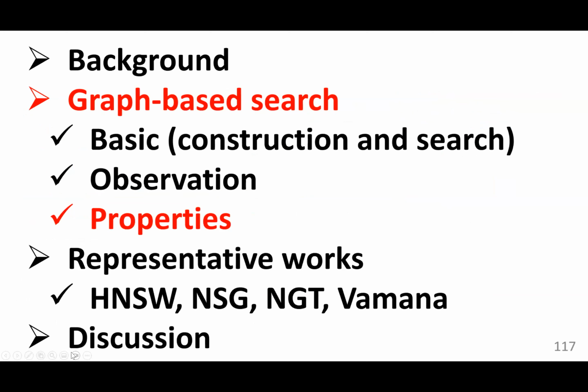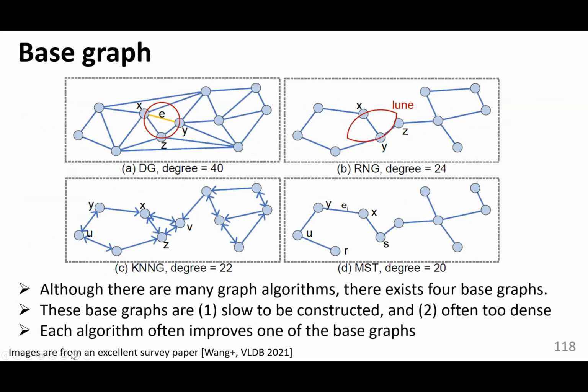So next, let's move to the properties of graph-based search. Okay, base graphs. There are quite a lot of graph algorithms, but there exist 4 base graphs. Basically, everyone does something on top of one of these graphs. These base graphs are slow and often very dense, so we need to update them. By the way, this slide is from this paper, VLDB 2021.